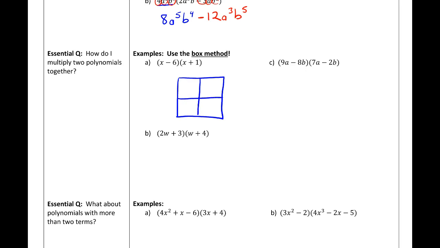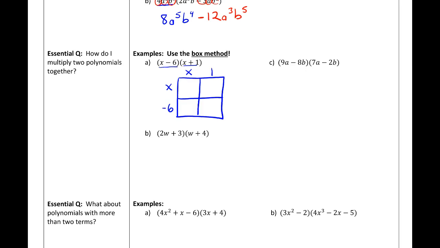Just like this. And on the outside here, I've got my first expression, which is x minus 6, so I'll write an x and a negative 6 there. And my second expression is x plus 1, x and a 1. So I'm going to use this box method to multiply my terms together.